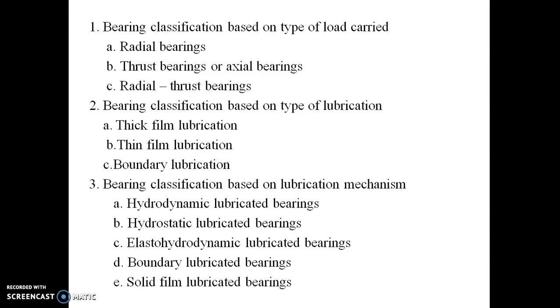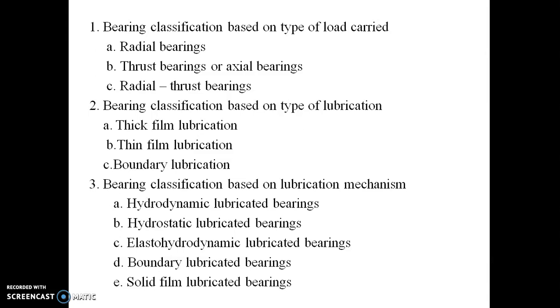The third type is bearing classification based on lubrication mechanism. The first type in that is hydrodynamic lubricated bearing. In hydrodynamic lubricated bearing, the surfaces of the bearing are separated by a relatively thick film of lubricant. It is mostly to prevent metal to metal contact.